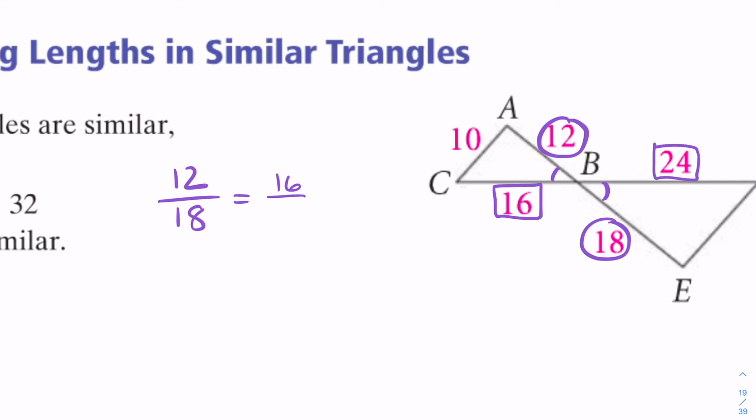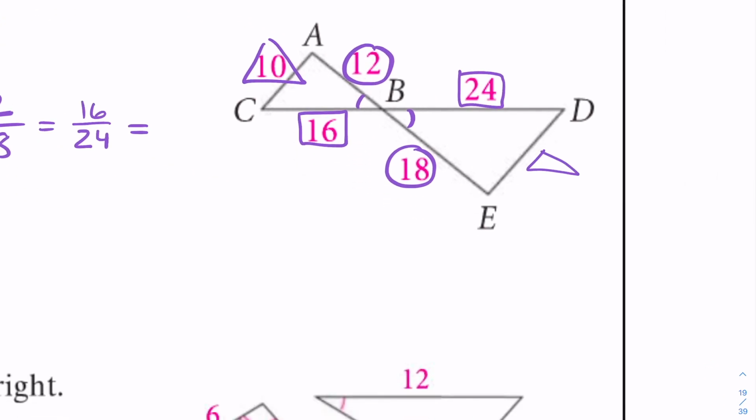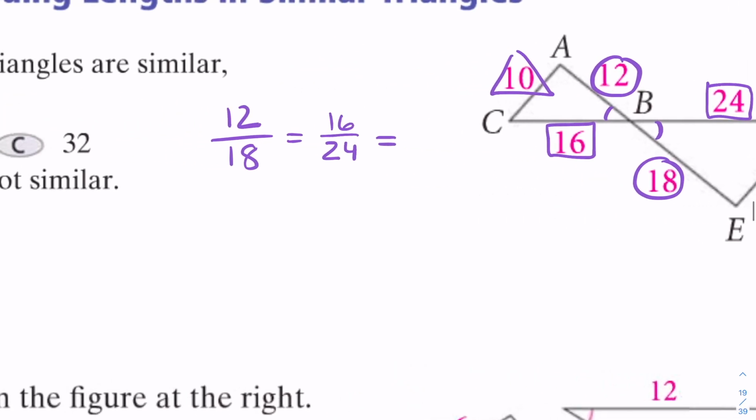So 16 is to 24. Well, the ratio here is a 3 to 4 ratio, but that should also mean that 10 would relate to an unknown over here. So 10 is to x.